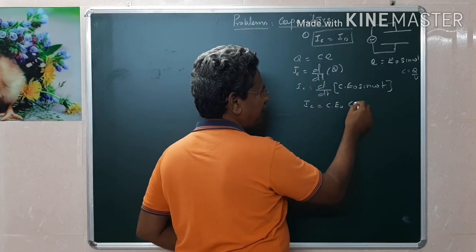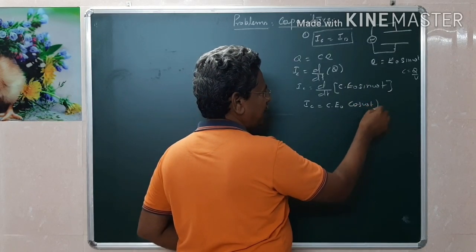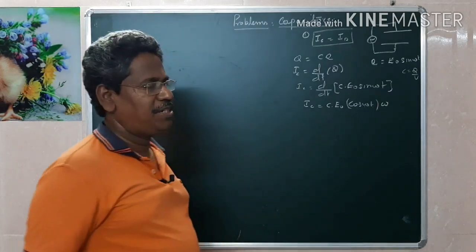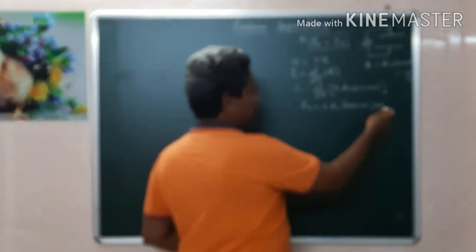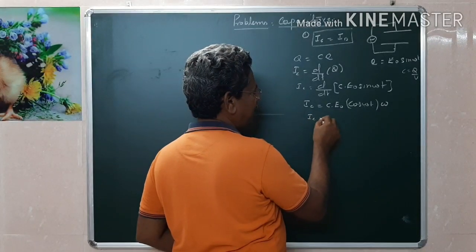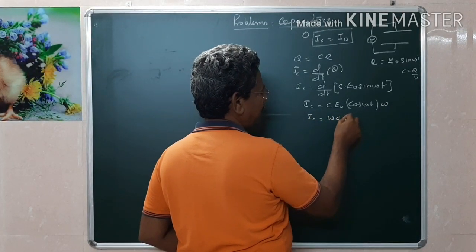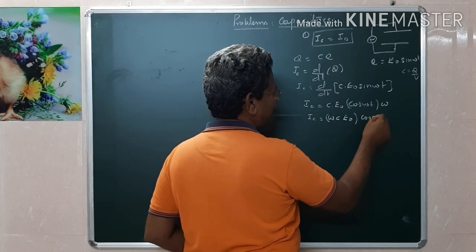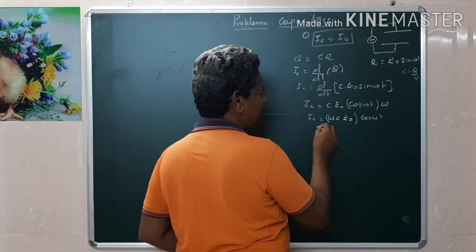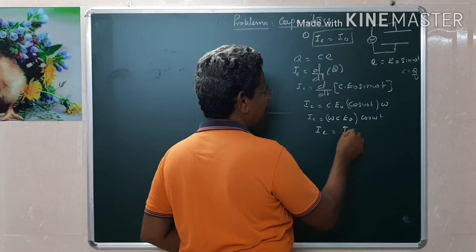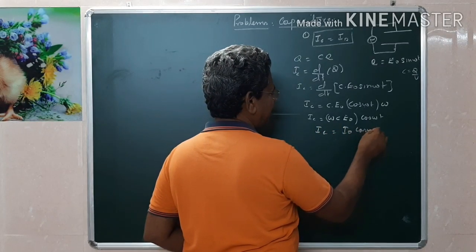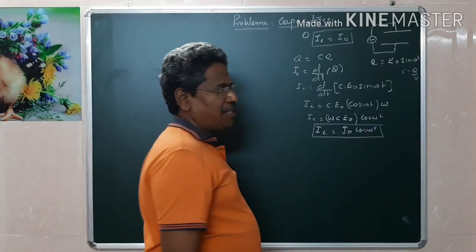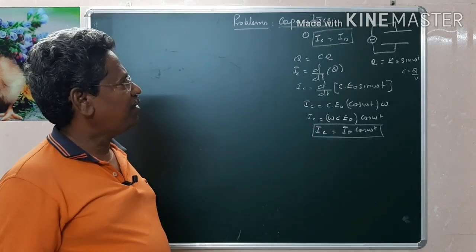The differential of sin omega t is cos omega t into the coefficient of t, which is omega. This omega is a constant and can be taken in the front. Omega C E0 is a constant into cos omega t. Usually we write this constant current as I0. So I0 cos omega t is the current due to charging of the capacitor when supplied by the alternating source.